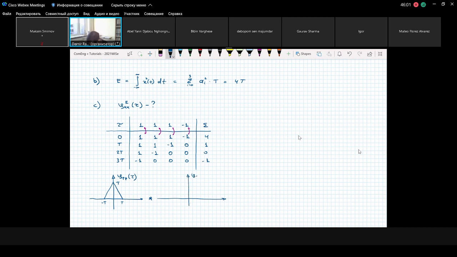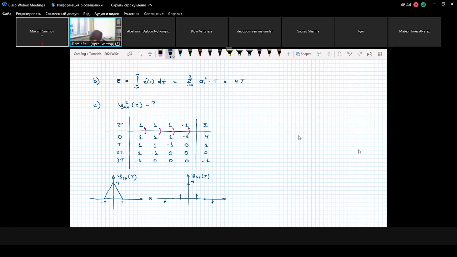This is the autocorrelation for delta T. And at 0, we have value 4. At capital T and minus capital T, we have value 1. We don't have discrete pulses, but we have delta pulses. And for the remaining parts, we have 0, 0, and minus 1.